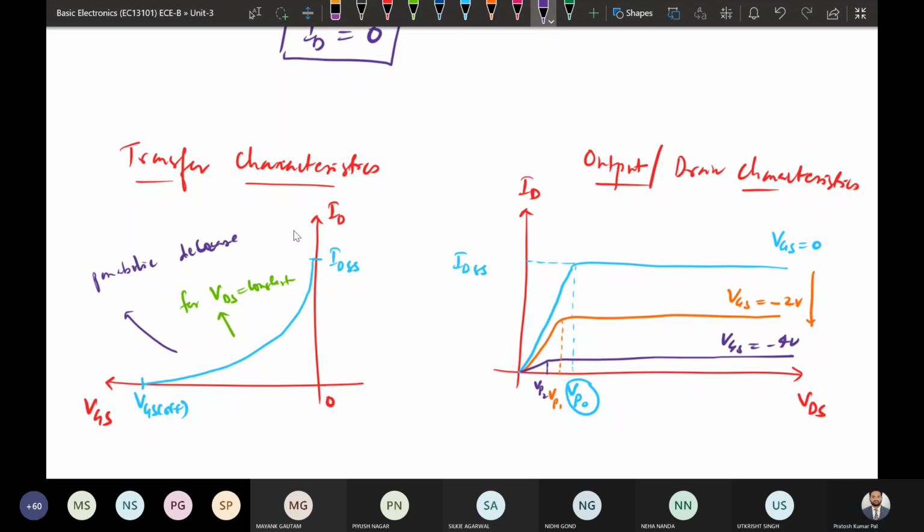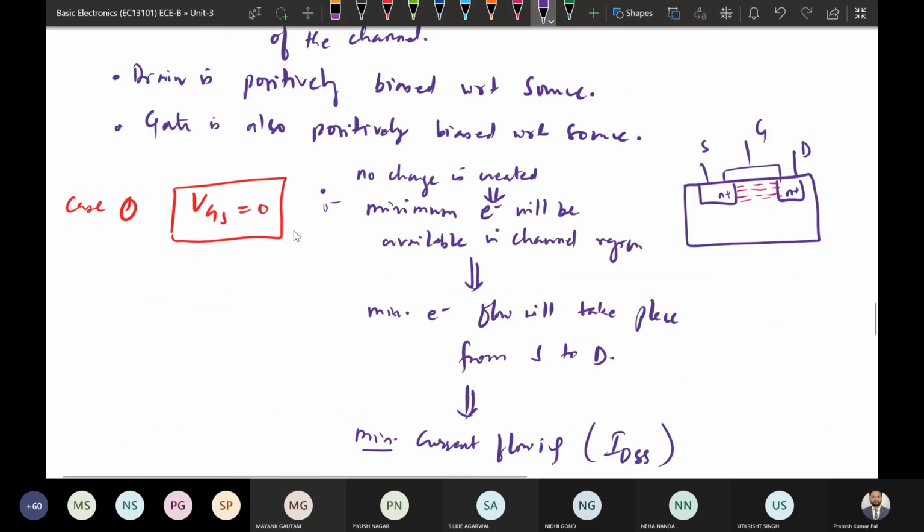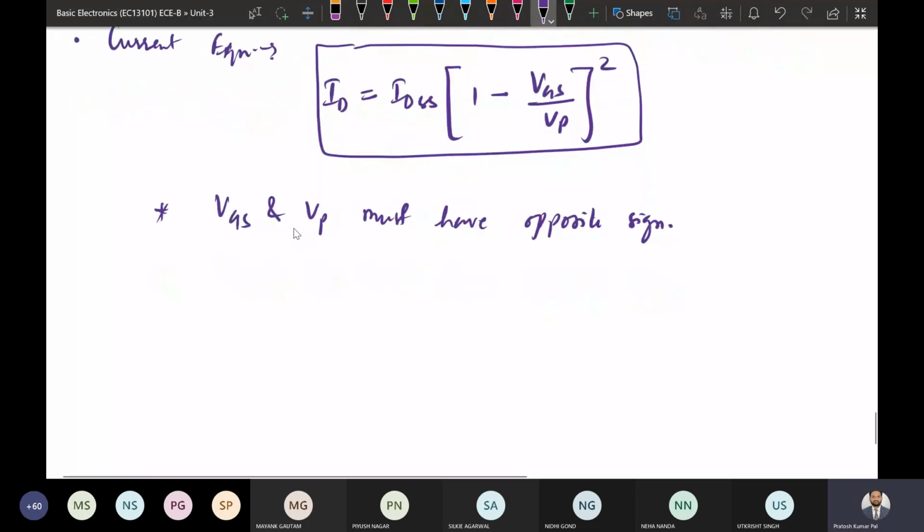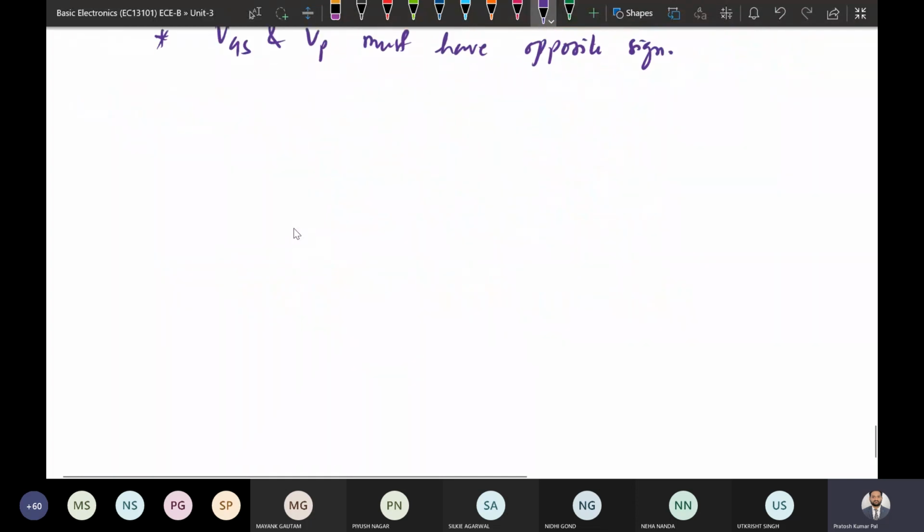Okay, so this is all about your depletion type MOSFET. So we can just combine these two, just 1 minute I will be taking.